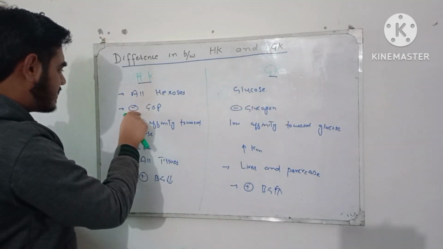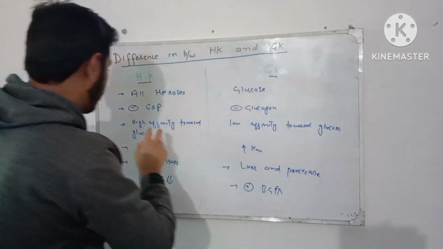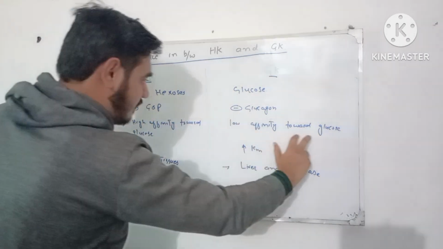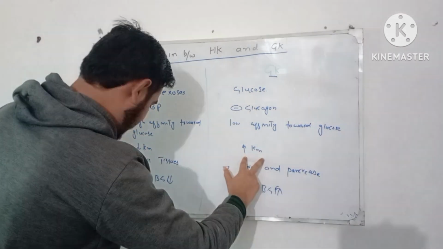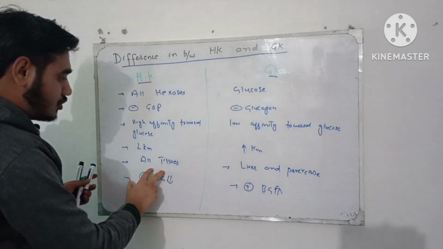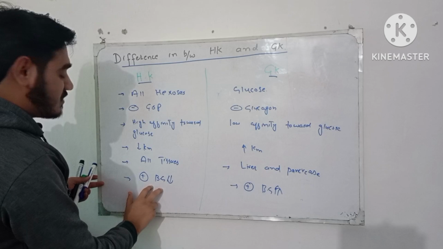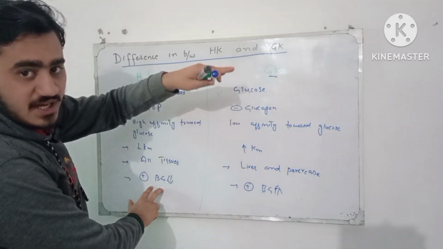This enzyme is inhibited by glucose 6 phosphate and this is inhibited by glucagon. It has high affinity toward glucose, it has low affinity toward glucose, so it has very low Km value, it has very high Km value. It acts upon all tissues, it acts only upon liver and pancreas, and it activates when blood glucose is very low and activates when blood glucose level is very high.